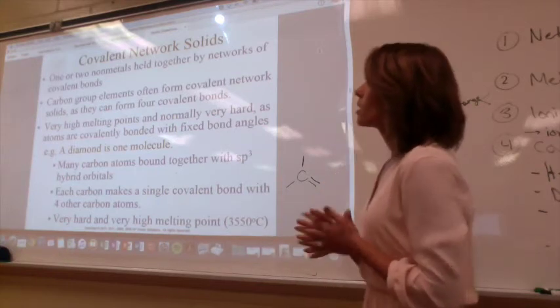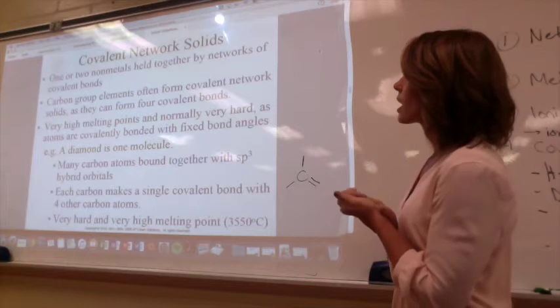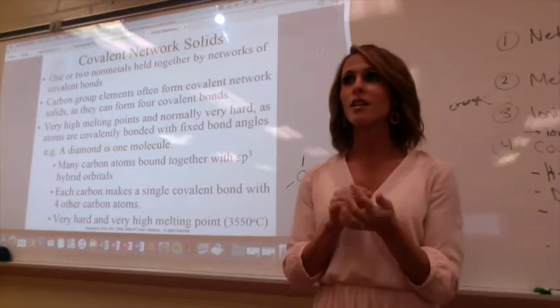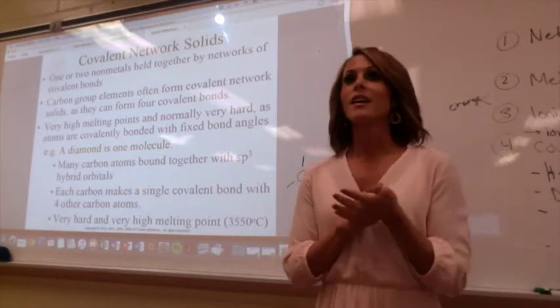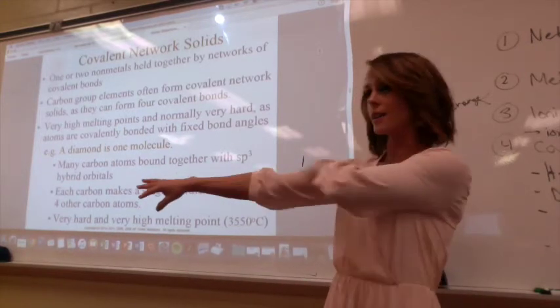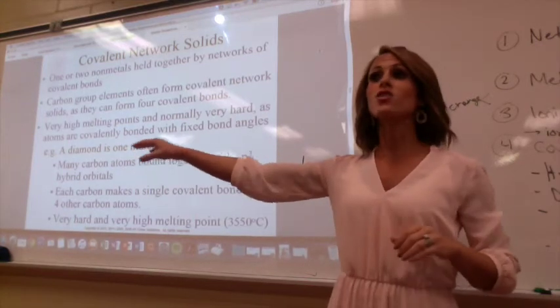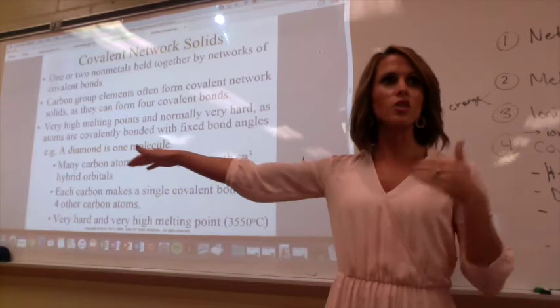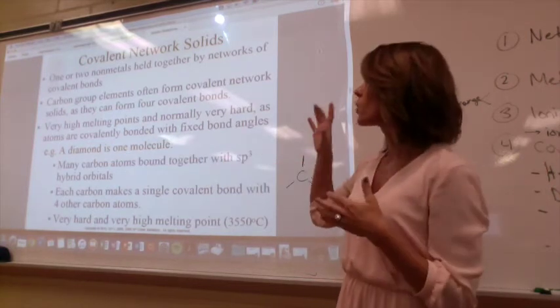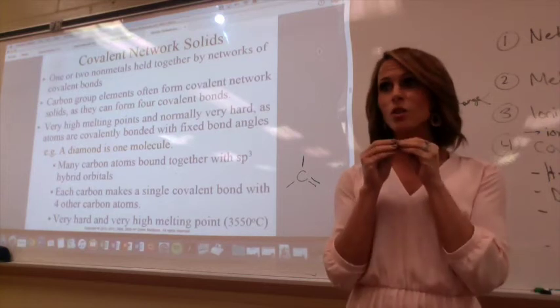So a covalent network solid is when one or two nonmetals are held together by networks of covalent bonds, not intermolecular forces. So if I have a covalent bond, my shoulder to my arm, literally the strength of this is so much stronger, we know that already, than intermolecular forces. So you have essentially a huge macromolecule, not little minuscule, a macromolecule.